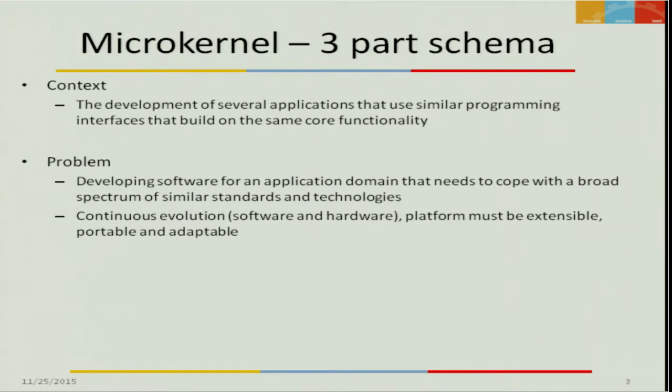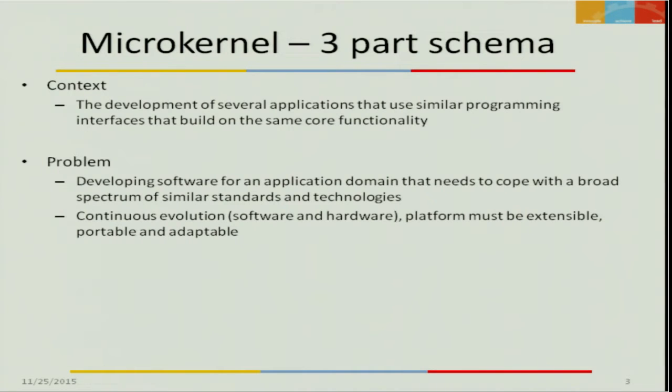So in the three-part schema, the first is context, the second is the problem, and the third is the solution. The solution is to encapsulate the set of fundamental services in a microkernel component.